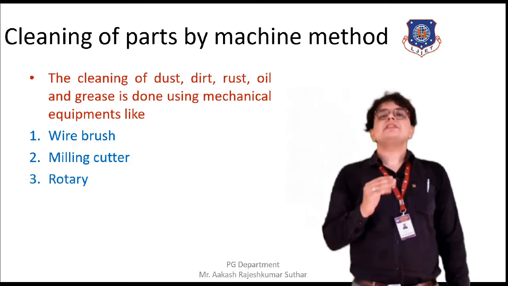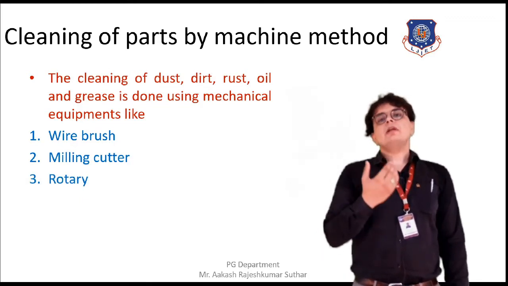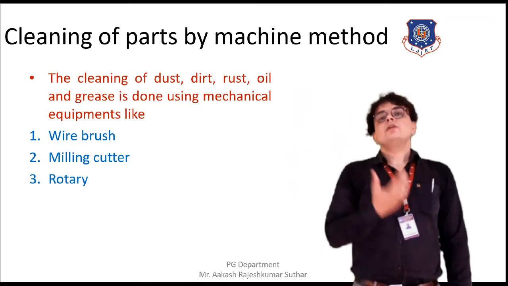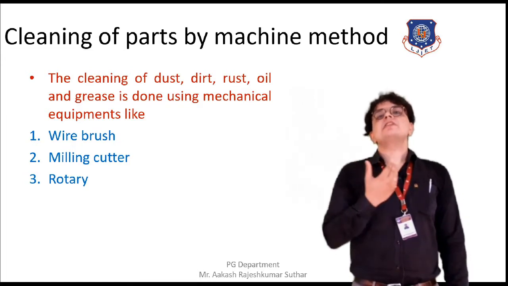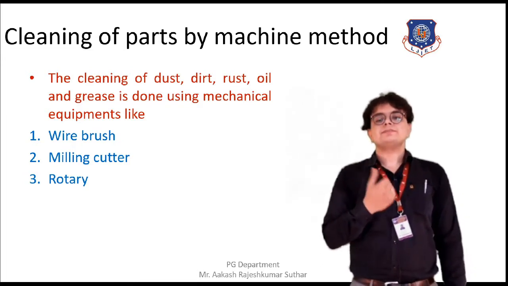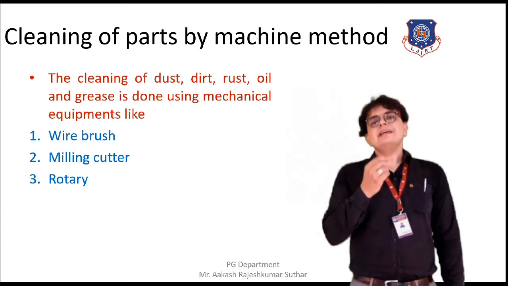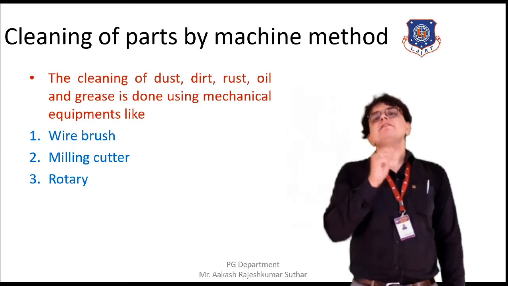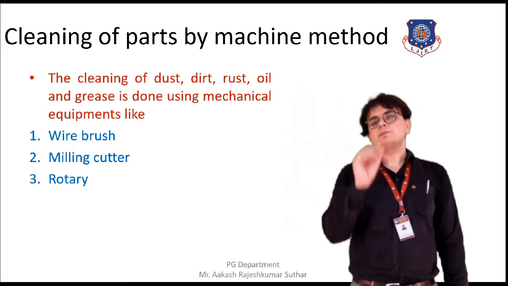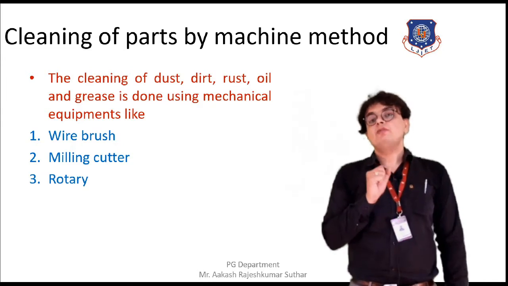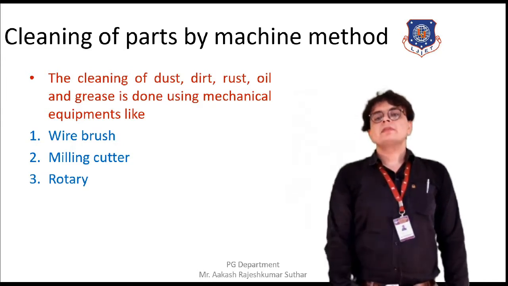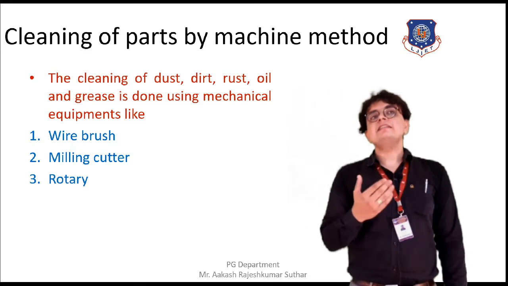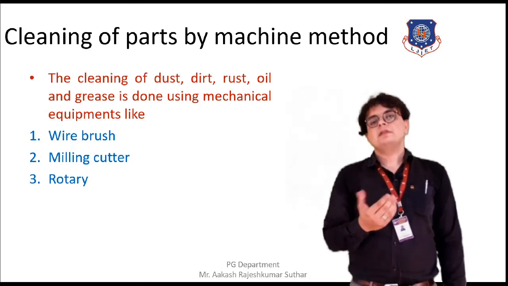The wire brush is used for the removal of the layer of oil and grease from the outer surface of the machine parts. Just by wiping with this wire brush and providing a little pressure, we can remove the oil and grease layer.